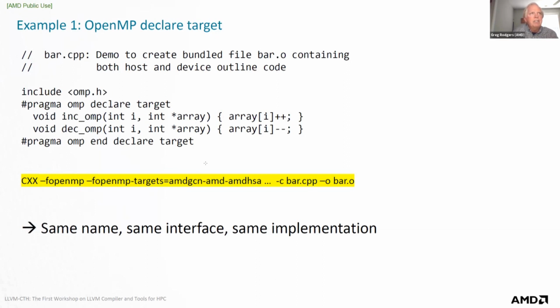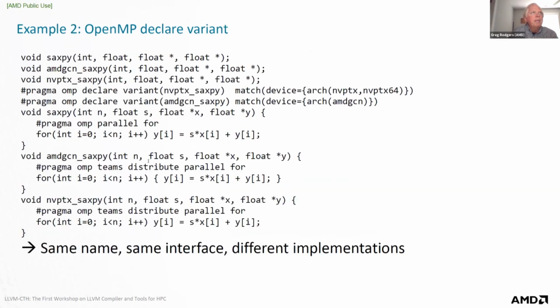So that's how declare target can work for you. When you compile this, you will actually get a fat object that you could use to build your archive, your offloading library.